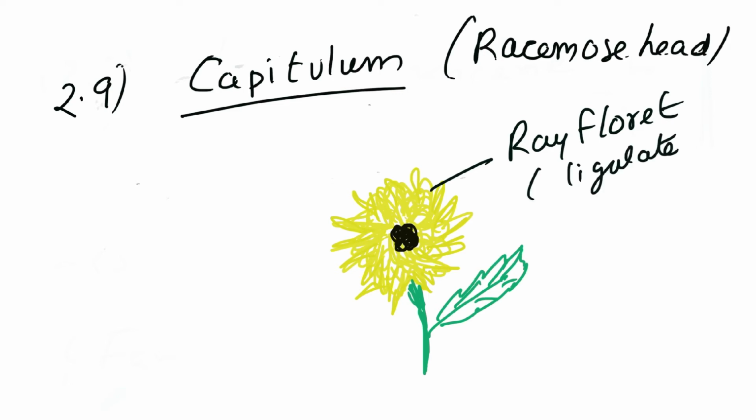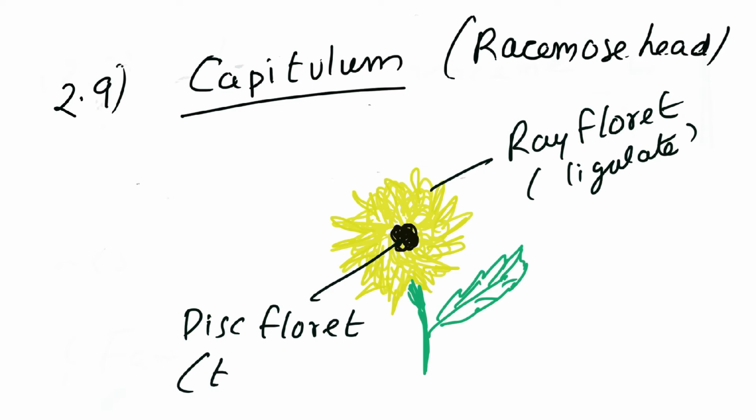The ray florets, the flowers which surround the core part, are ligulate, whereas the disc florets, that is the flower components in the middle, are quite compact. They are the tubular type of flowers. So once again, this is a very important example of capitulum, that is sunflower.